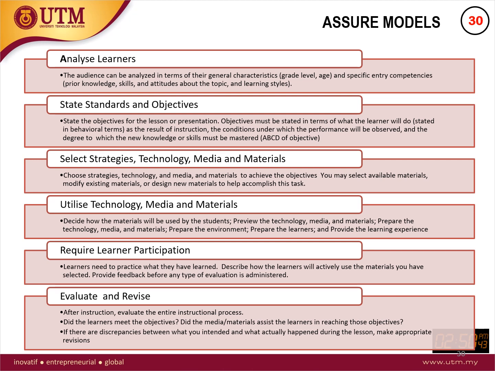Describe how the learners will actively use the materials you have selected, and then finally evaluate. After the instruction, we evaluate the entire instruction process. Did it work, or do we actually need to repeat or fix something along the way? So these are the 6 main steps in the ASSURE model.